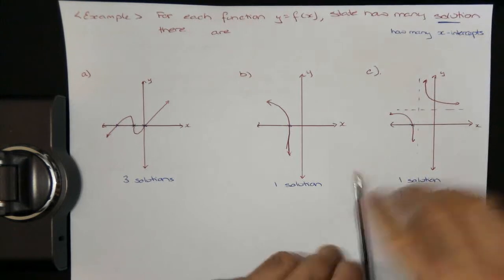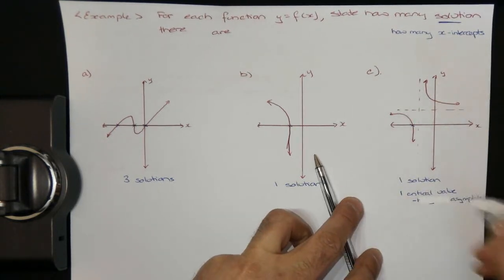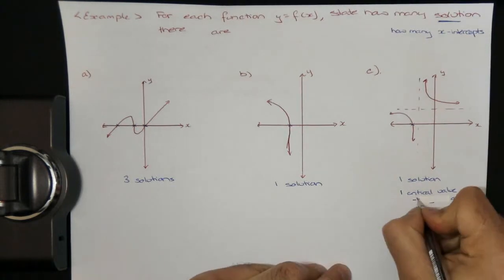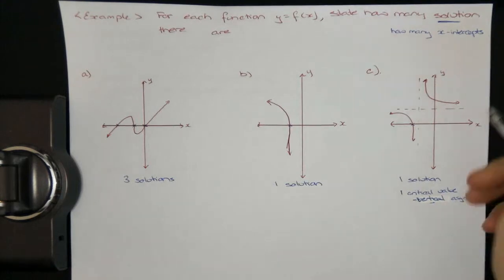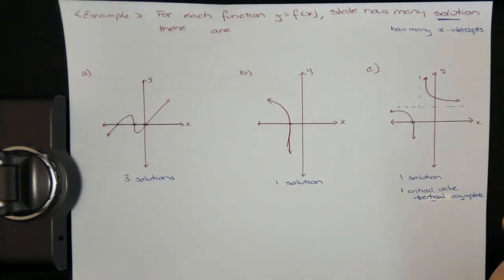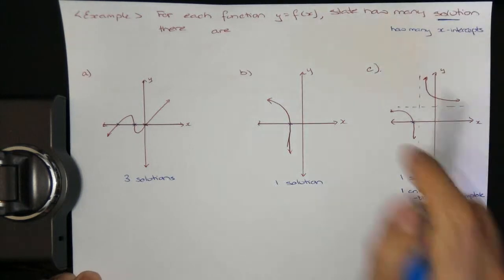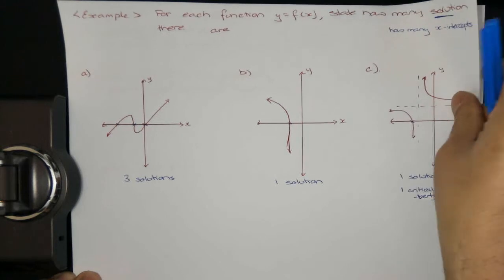That should be vertical. We'll have 1 horizontal asymptote as well, but that's a restriction. So when we look for how many solutions, that's what we're asking for: how many times it cuts the x-axis.